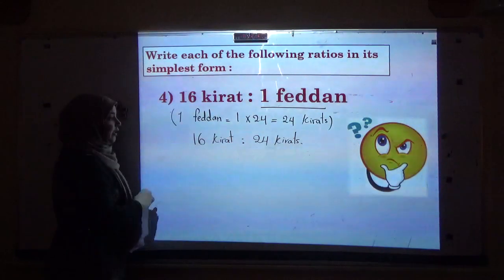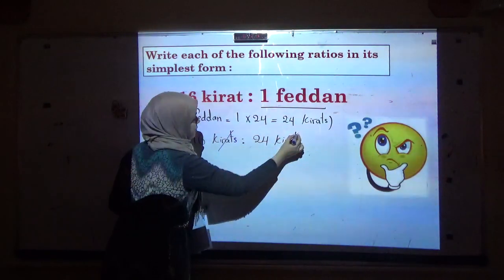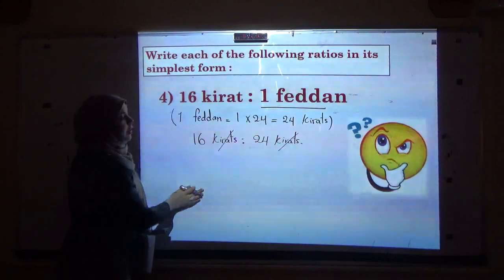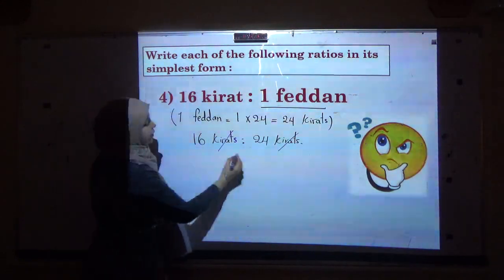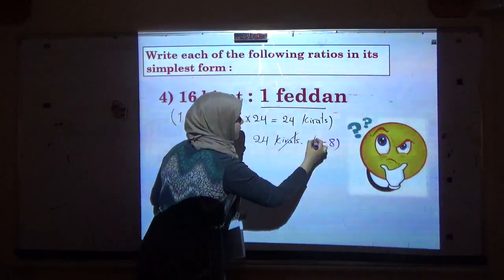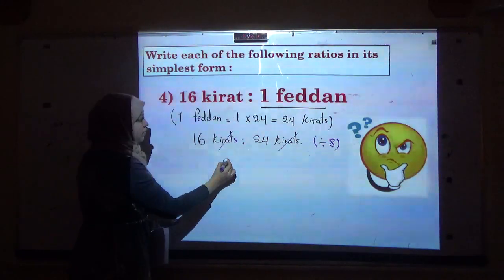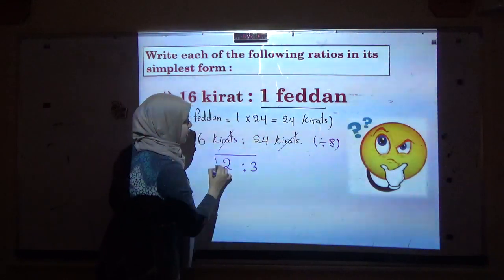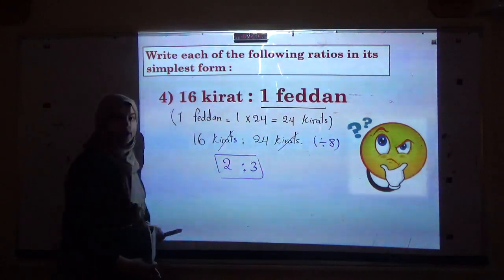Cancel the unit. Then divide 16 and 24 by the highest common factor, which is 8. 16 divided by 8 equals 2, and 24 divided by 8 equals 3. So this ratio in the simplest form is 2 to 3.